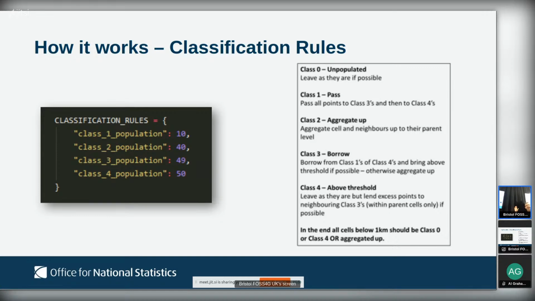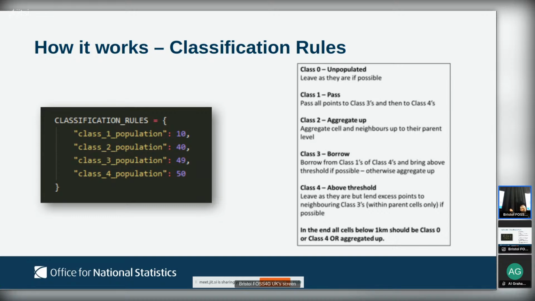Class 2 cells are deemed to have failed the test, so they will be dissolved up to the parent level along with their neighboring grids in the parent. Class 3 cells can take points from neighboring cells to bring them up above the threshold, and then class 4 cells are deemed to pass the threshold.